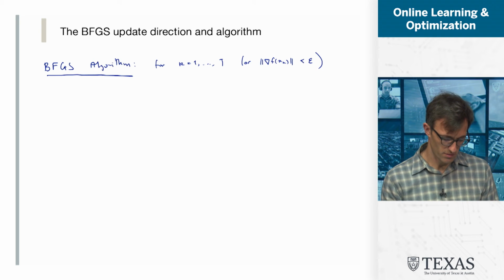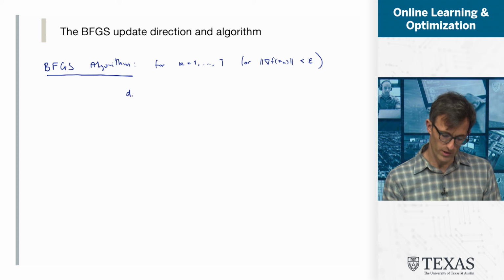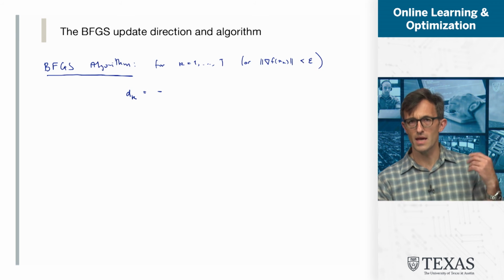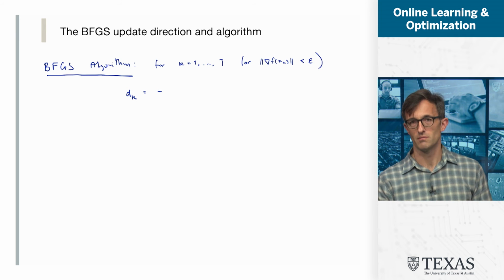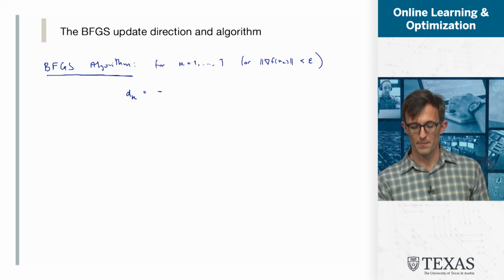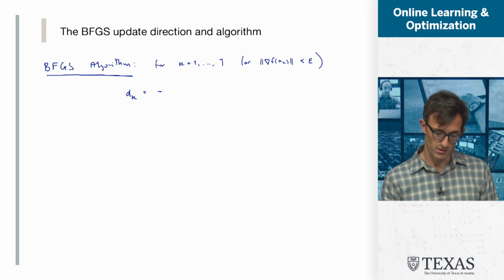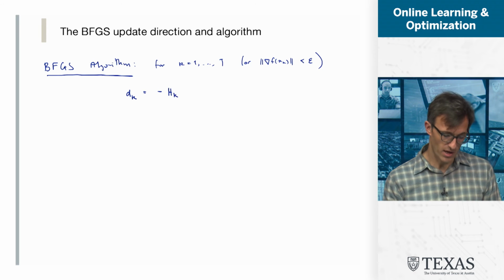First, we compute the update direction. dk is equal to minus, so what goes here? It's the inverse of our approximation of the Hessian. That would be, for example, Bk inverse. But we don't have to do that because we've directly been working in the inverse space already. So this is just minus Hk times the gradient of f of xk.